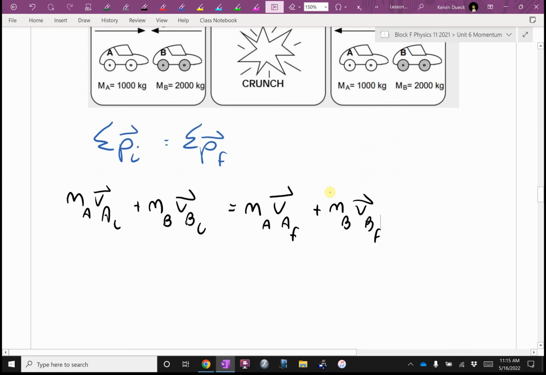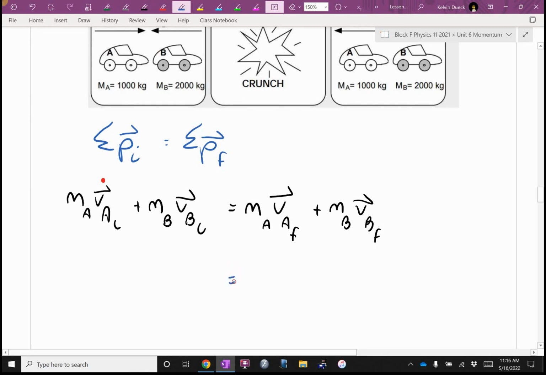Okay. Scott, what am I trying to find? Which one? There's two. What's going to drop down like a domino then? VA initial is going to drop down like a domino? What side is the VA initial on? The left. So what side's going to drop down?